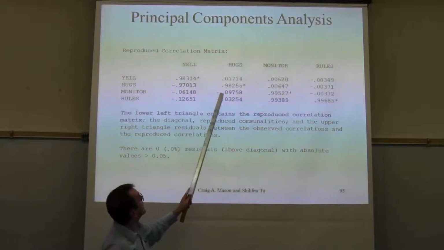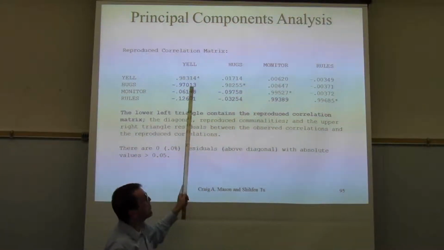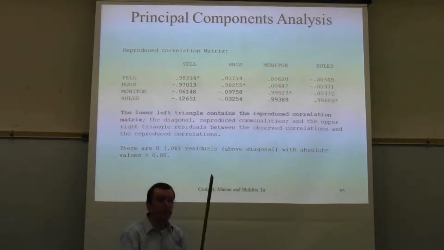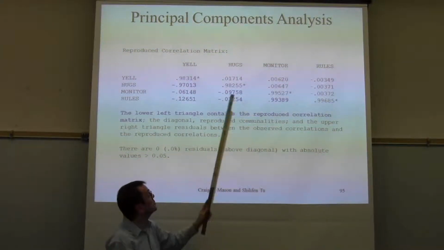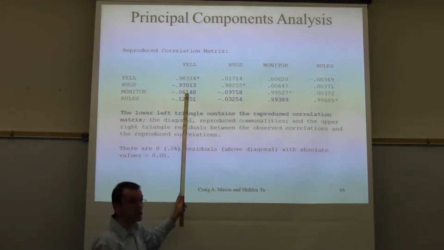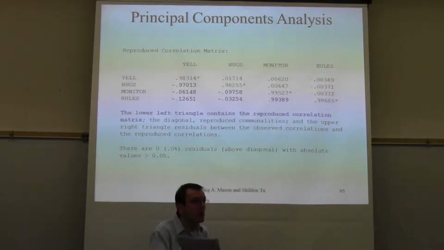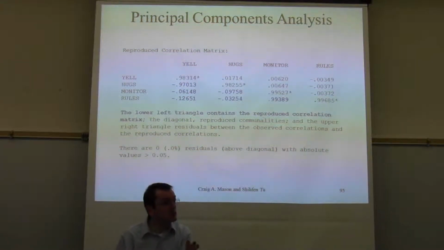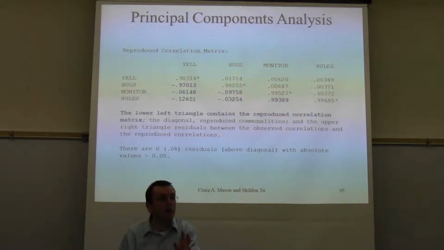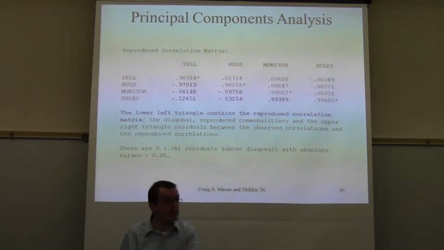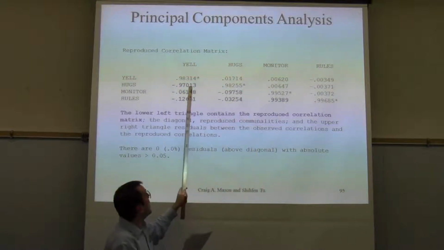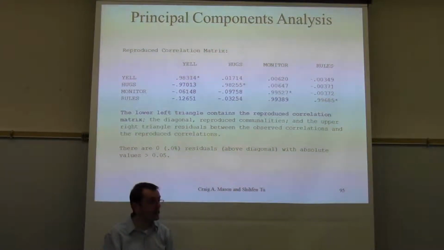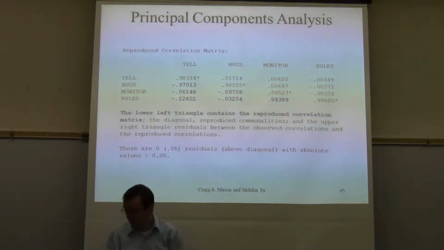The reproduced correlations just tell us, if we squared the factor matrix, here's what we would have seen for the correlations. It tells us how well the results recreate those associations. How well is it modeling the correlations in the real data?